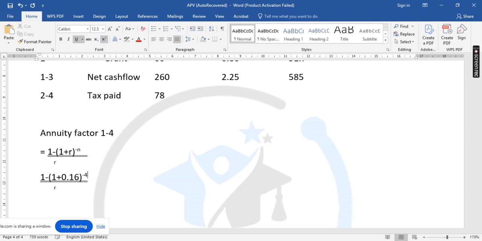And the number of years is 4. Divided by 0.16. Let me just complete this part so that we can go. Okay.